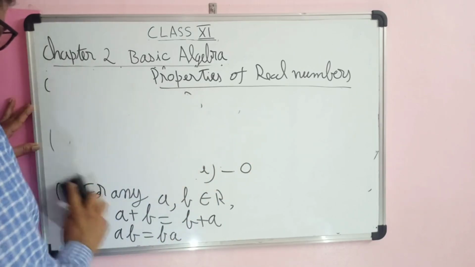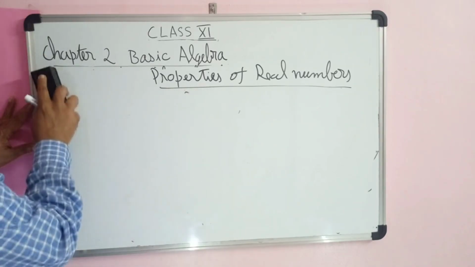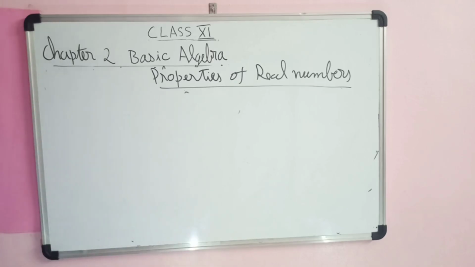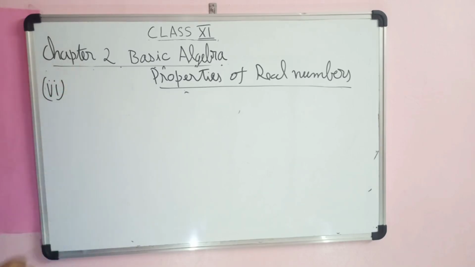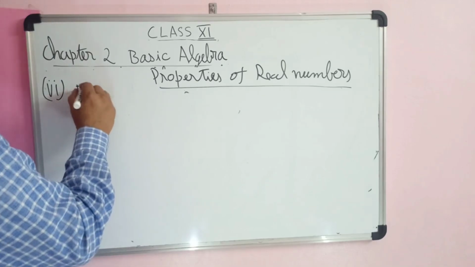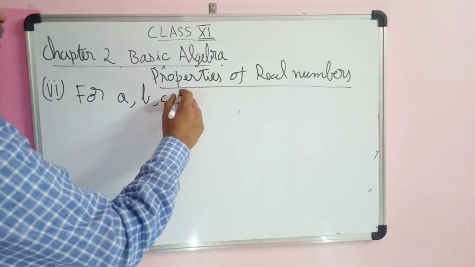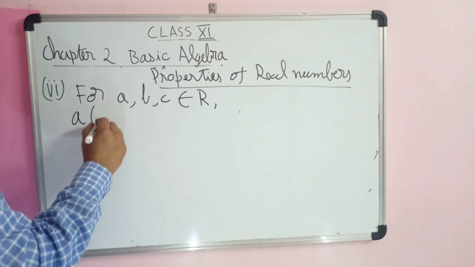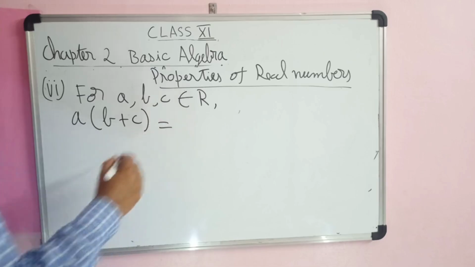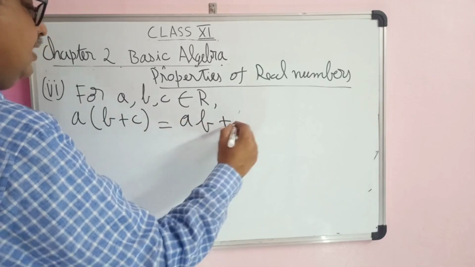Then sixth property, property 6. For A, B, C belonging to real numbers R, A into B plus C equal to AB plus AC.